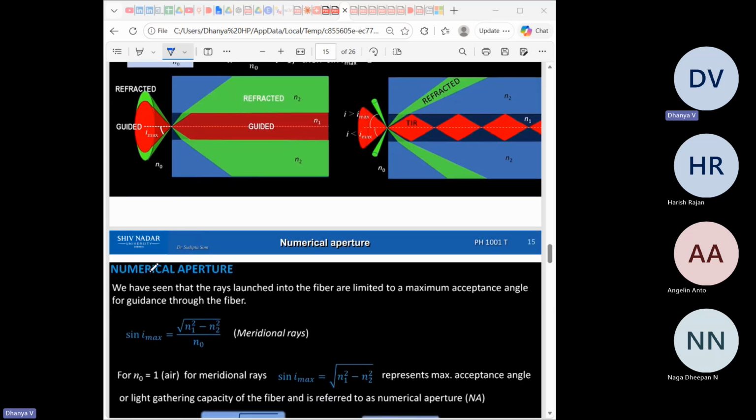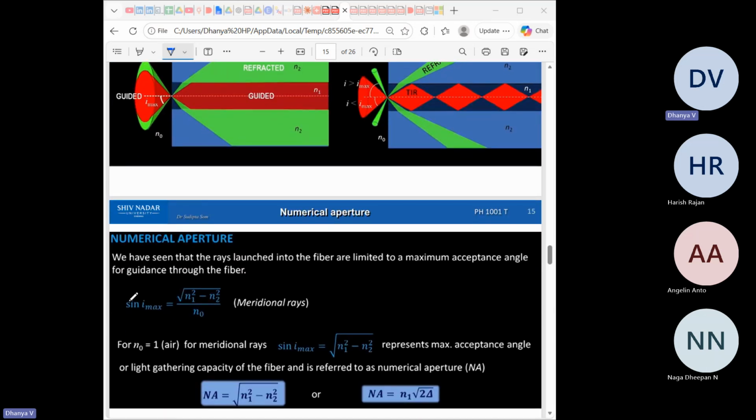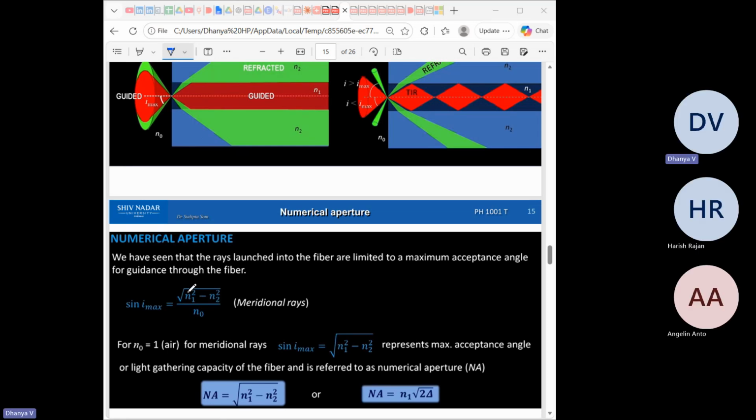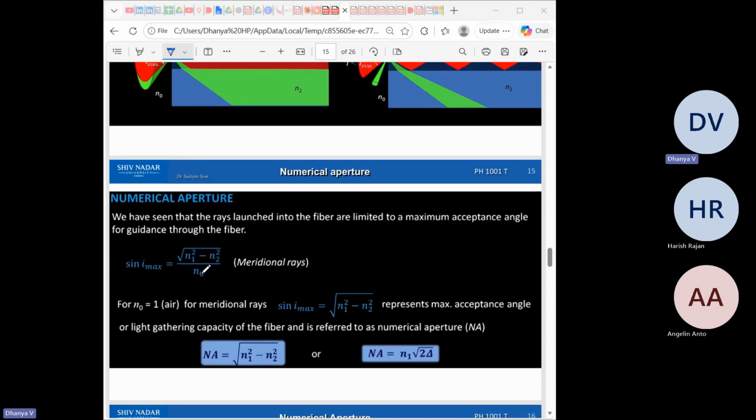That is called the numerical aperture, and we've already discussed sine I max is equal to square root of n1 square minus n2 square by n naught. Again, reminding, don't mess up N1 and N2. N1 is your refractive index for your core and N2 is the refractive index for your cladding. For air, your N0 becomes 1 and that's why you got this.